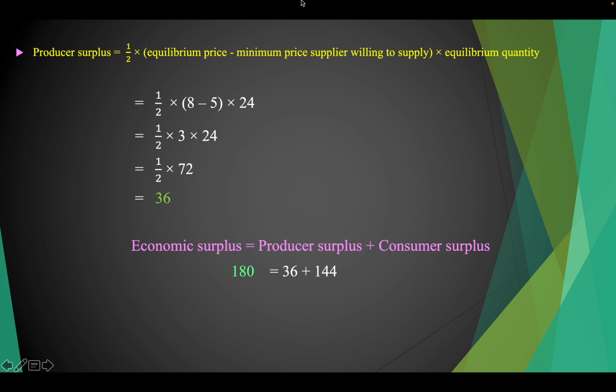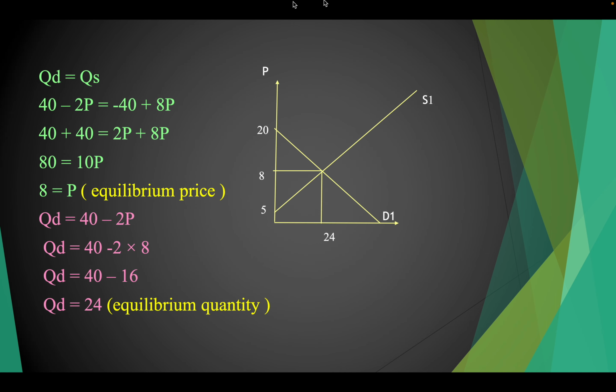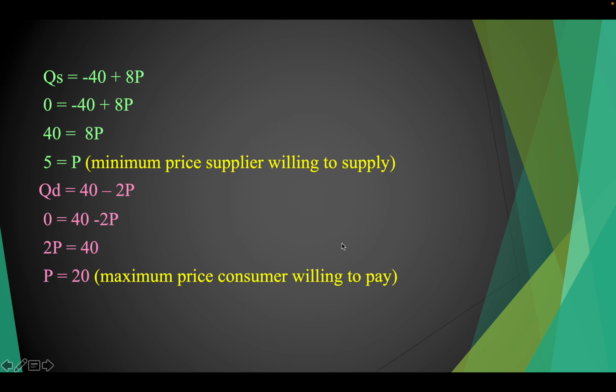Then we have to do the calculation for the producer surplus. That also has an equation: half into, within brackets, equilibrium price minus the minimum price the producer is willing to supply, close the brackets, into equilibrium quantity. Children, this is the equilibrium price, this is the minimum price the producer is willing to supply, and this is the equilibrium quantity.